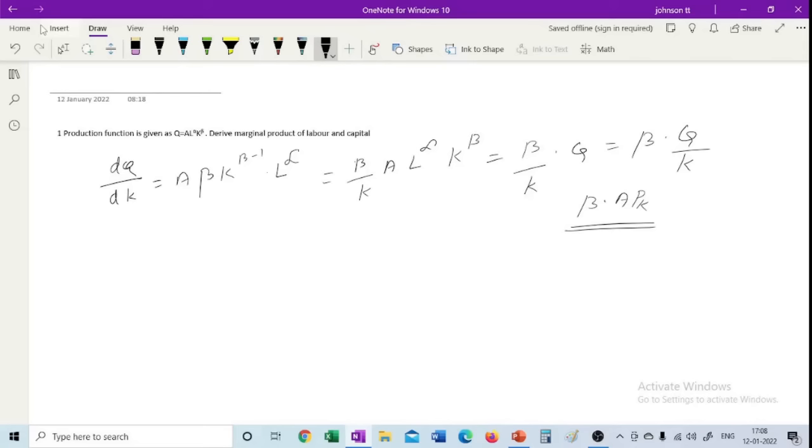Sometimes the average product of capital will not be given, so we have to find it. First we have to find the total product, then divide the total product by the number of units of capital, then we will get average product of capital, then multiply by beta, then we are getting the marginal product of capital. So in this way we can find the marginal product of capital, or just again when you differentiate this equation with respect to labor, you will get marginal product of labor also.